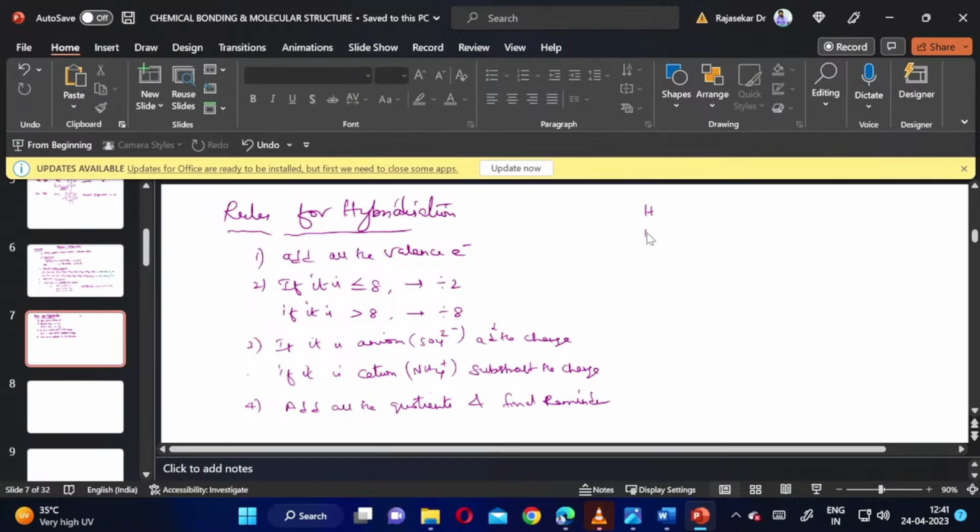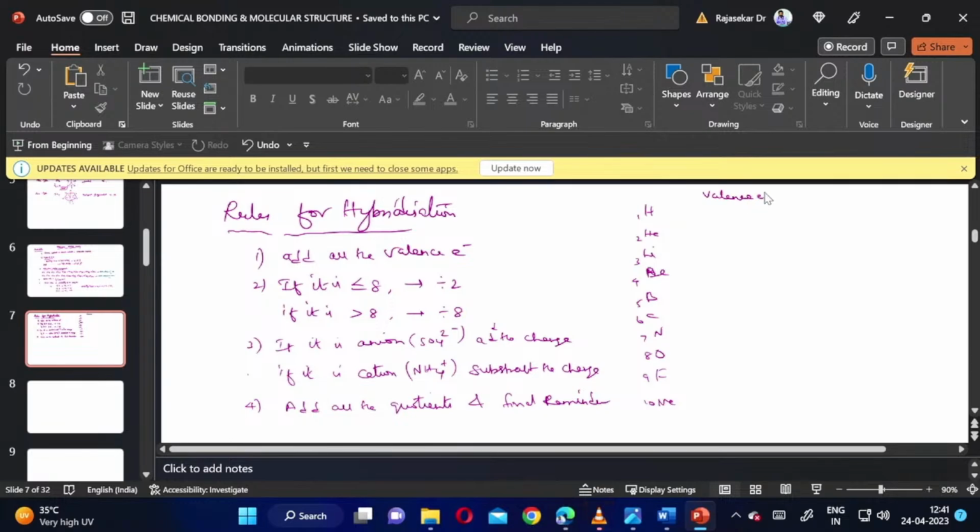Valence electrons: hydrogen, helium, lithium, beryllium, boron, carbon, nitrogen, oxygen, fluorine, neon. Atomic numbers 1, 2, 3 up to 10. Valence electrons only we want, not the atomic number.